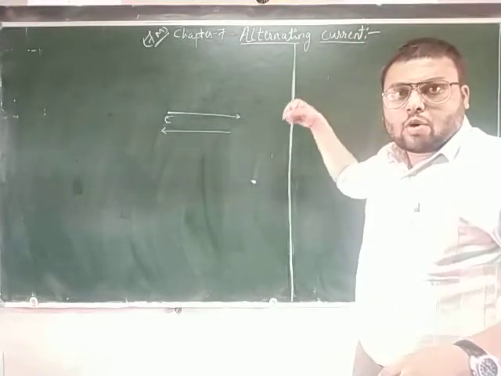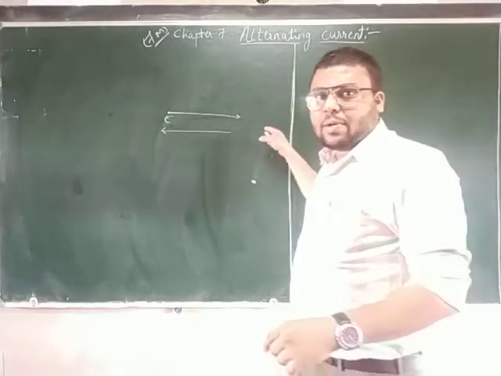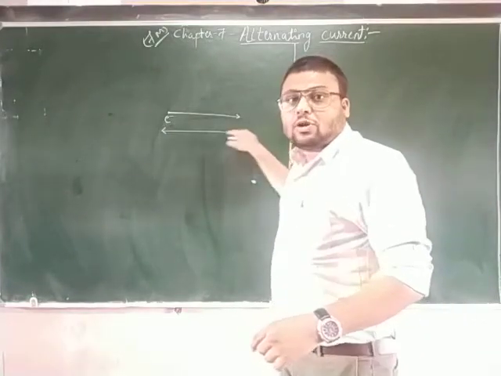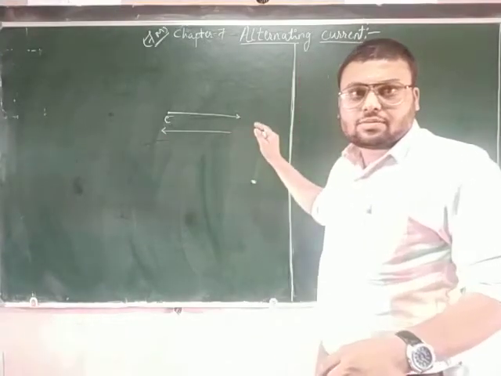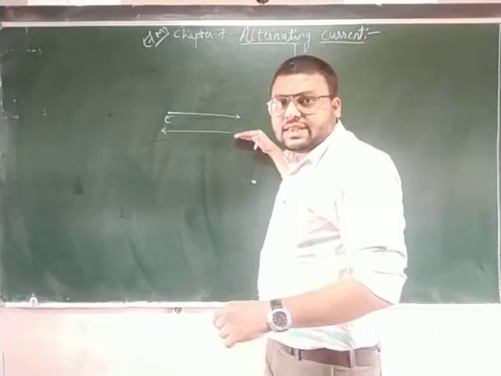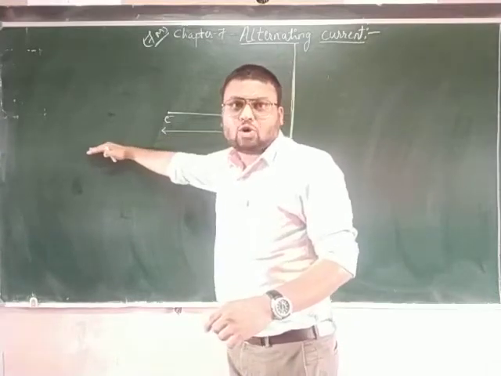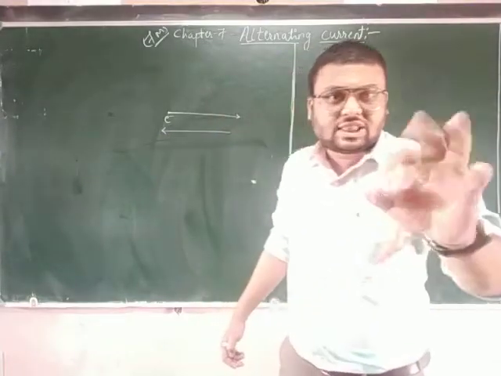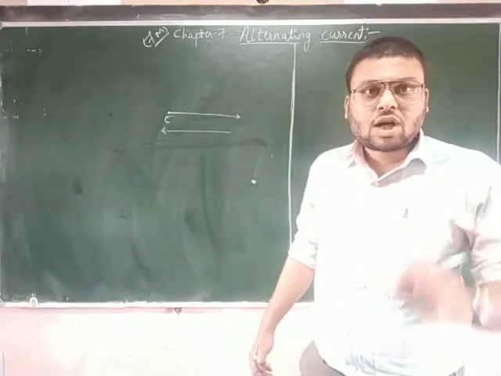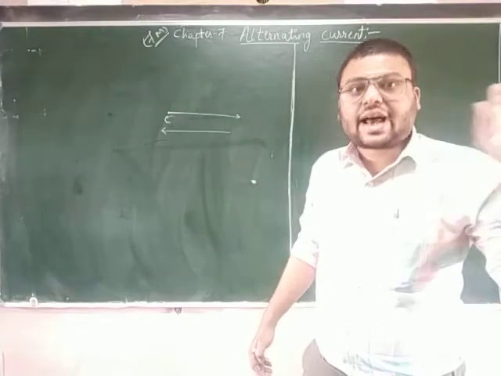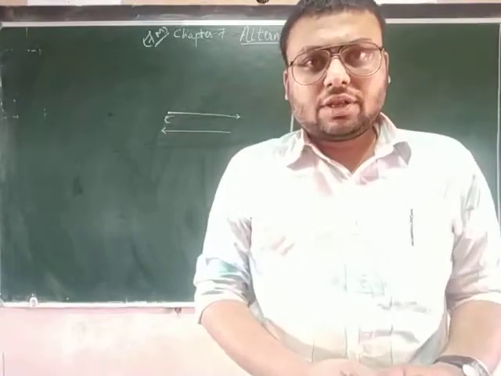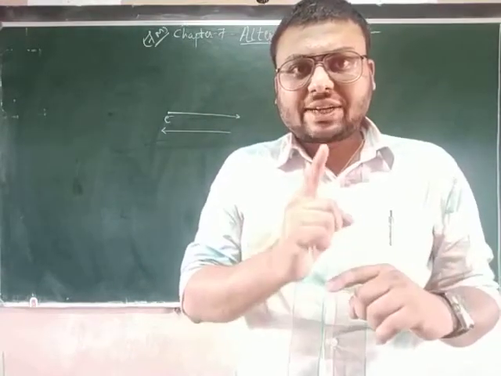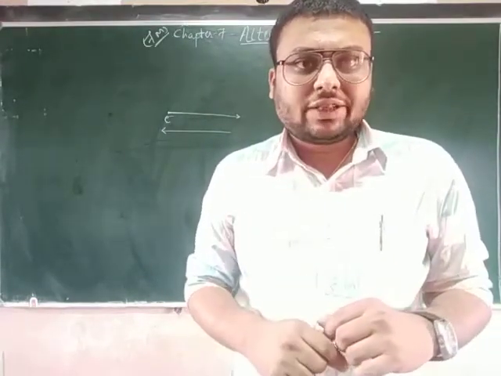So whatever current we get will be in the opposite direction. Throughout the process we get the current in this direction, that is unidirectional current, and this is called direct current. In order to get direct current, we need to apply direct voltage, DC voltage.